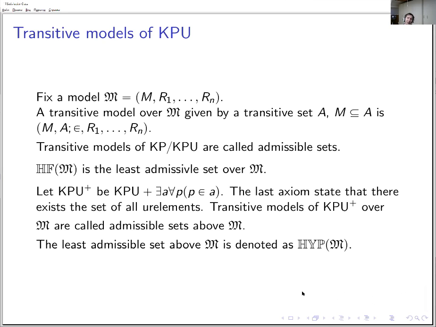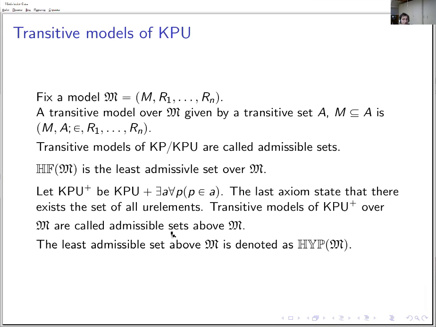But there is some interesting stuff happening if, rather than HF of M, we consider transitive models where the set of all urelements is a set. The external set of all urelements is an internal set. This is the model of the theory KPU plus, where KPU plus stands for KPU plus there exists a set such that all urelements are elements of the set.